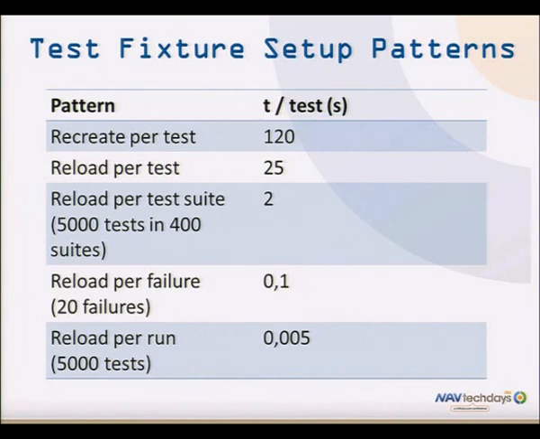So taking it to the most extreme, if you can code your tests in a way that they are completely independent, then you could say, okay, we just do it once for running the entire test suite we have. In this case, it was 5,000 tests. Then it would only take 5 milliseconds. So we're not doing that, but just to say that the different strategies you can choose have a huge impact on the performance of your test suites.